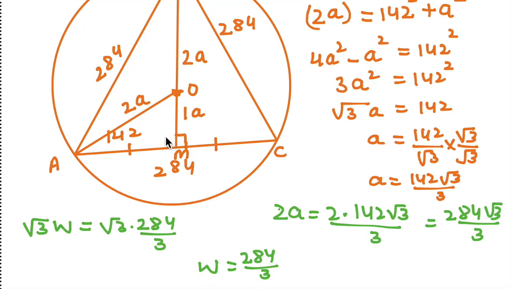I just want to explore one more way how AO can be found as 2A. I'm going to do it with the second method, if you understand it well. But if we are into SAT, we should know every possible method.